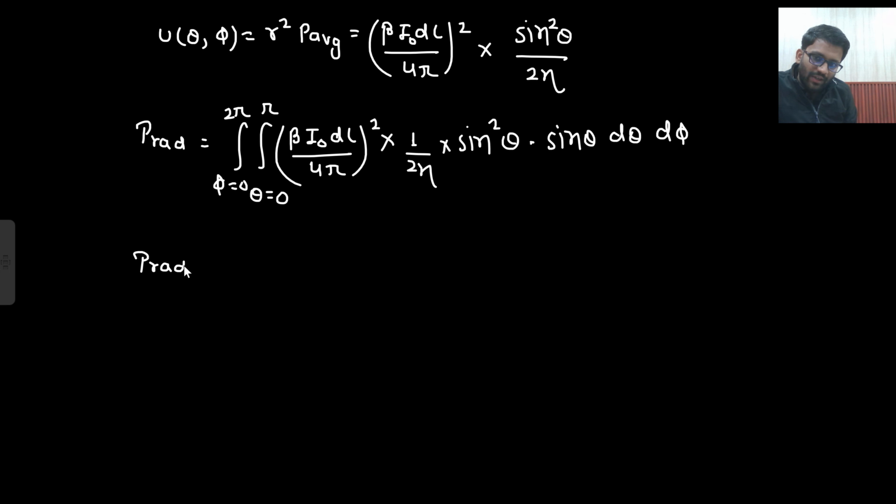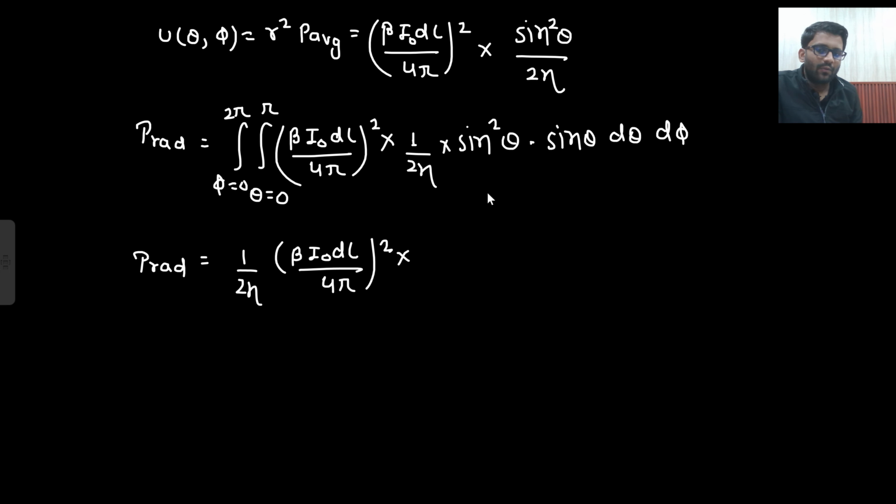So what will be your P radiated? This part will come outward, that is 1 by 2 eta, beta I naught dl upon 4 pi whole square, and then sin cube theta d theta. What will be the integration for 0 to pi limit? That would be 4 by 3. And for 0 to 2 pi, that would be 2 pi, right? Okay, so this is your P radiated.